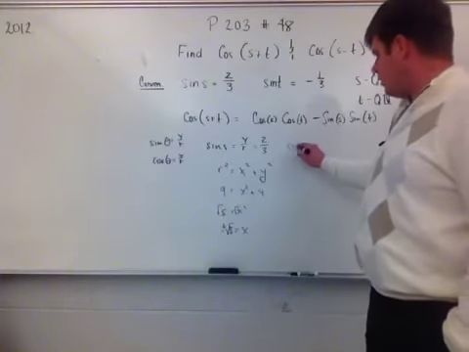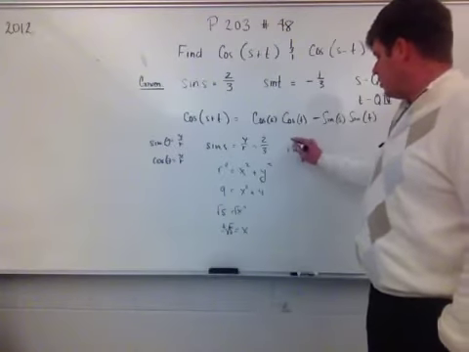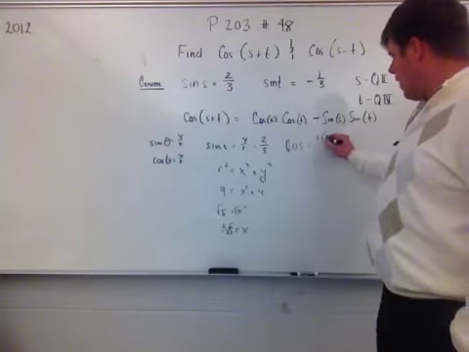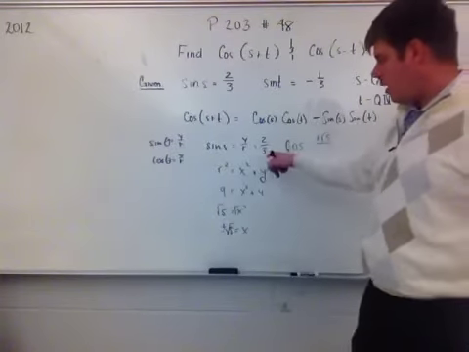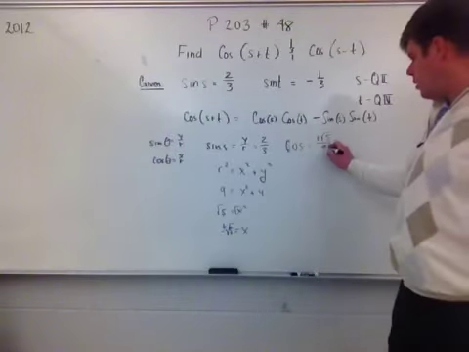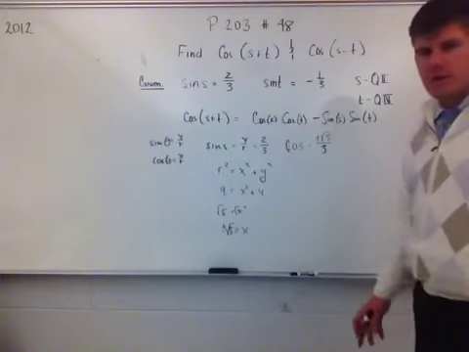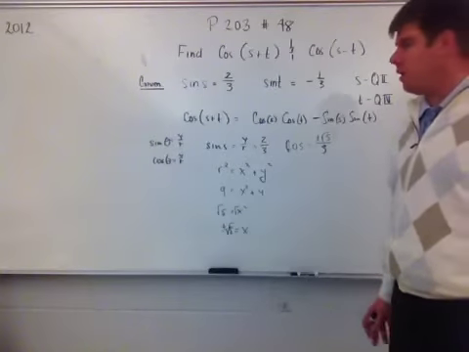So cosine of s is this x value, plus or minus root 5, all over r, and r in this case was 3. It's the same thing you've done at the beginning of the year, just looping right back around. We're doing the same thing over and over again.